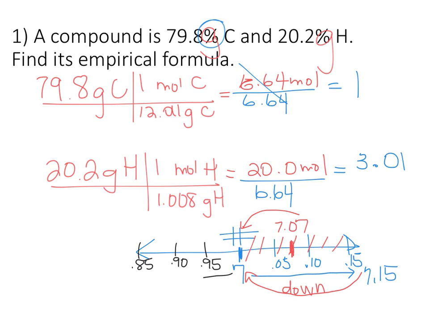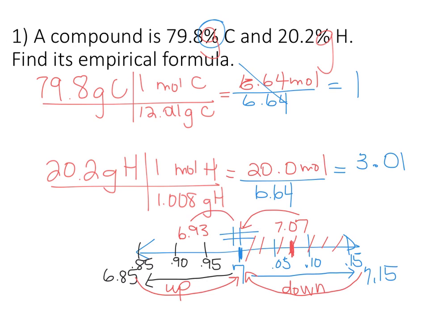So we can go down to 6.85 and analyze that number and say, is that close enough to round it to 7? And again, the answer is yes. So I can round this side up to the nearest whole number. So 6.85 would round to 7.